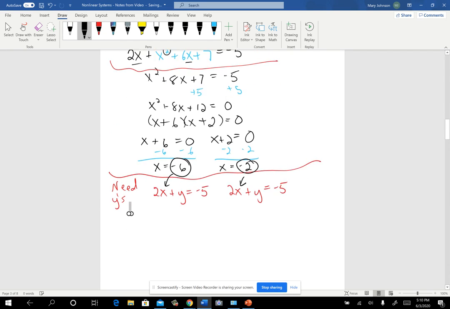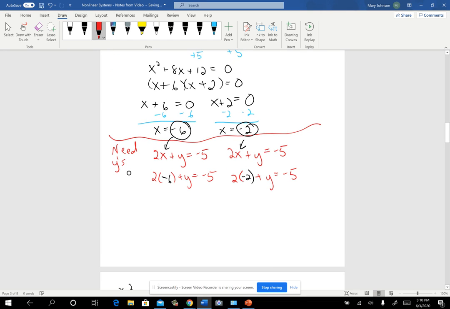Okay. So here I'm going to have 2 with the -6 in here, and then plus the y equaling -5. Then over here, I'm going to have 2 with the -2 in there, plus the y equals -5. So I'm just going to work on solving each of these, see what I get, okay?